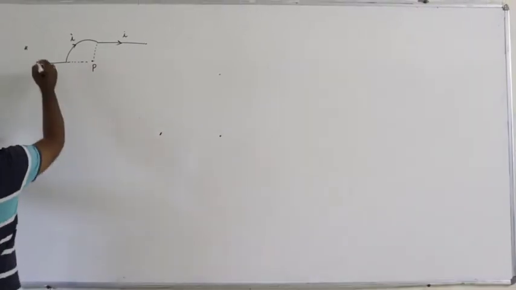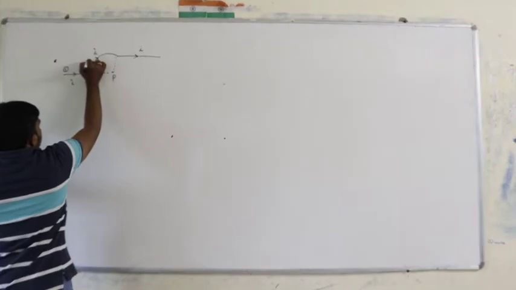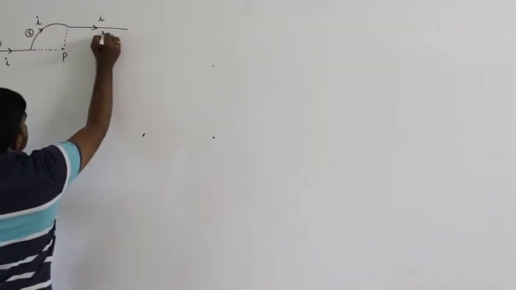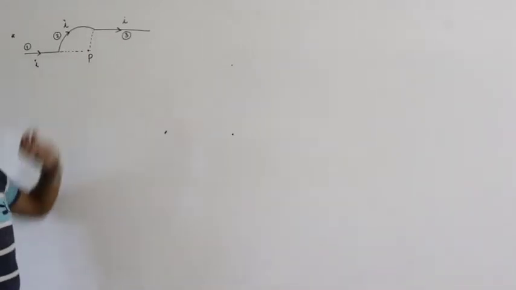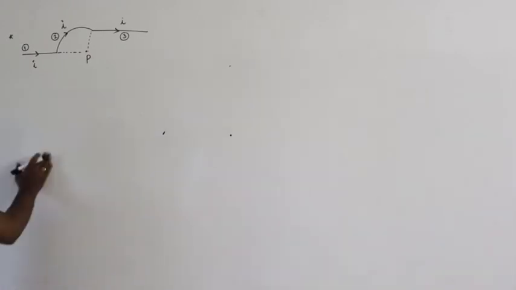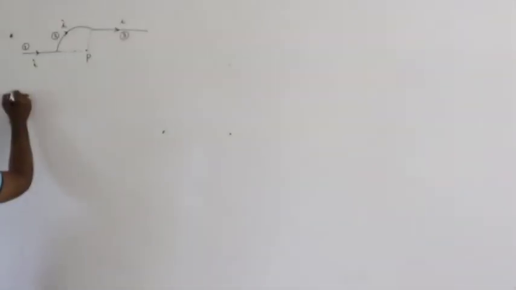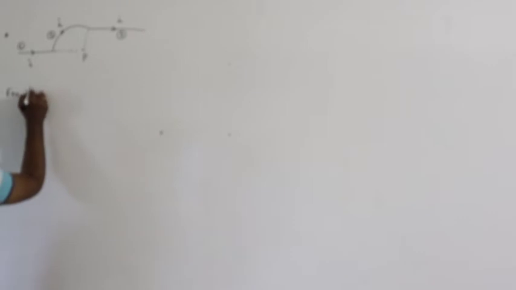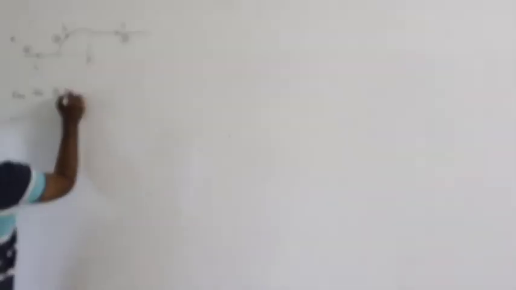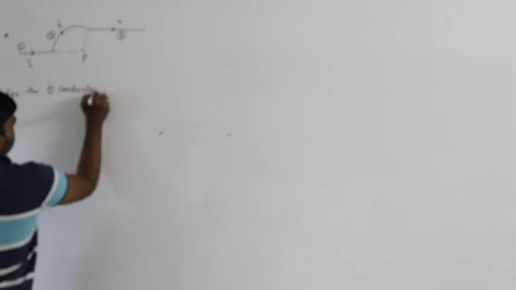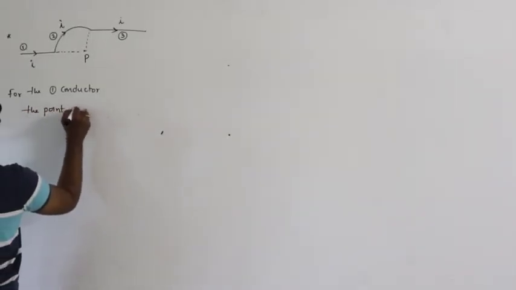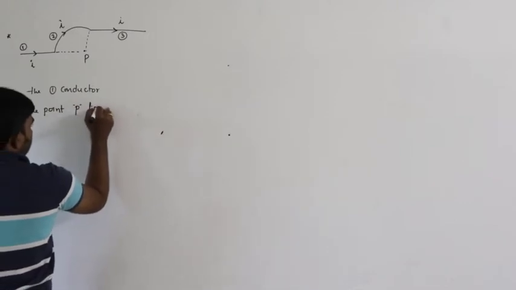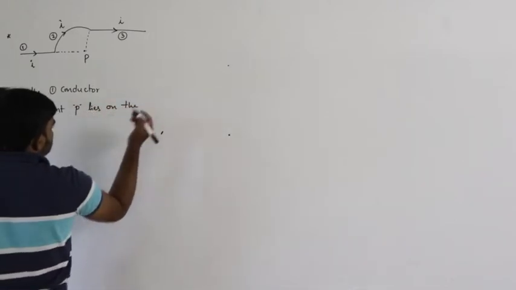Let us consider this is the first one, this is the second one, and this is the third one. So for the first shape, how can we calculate this? For the first conductor, the point P lies on the conductor.